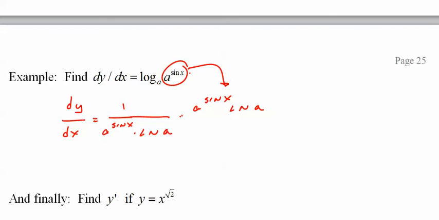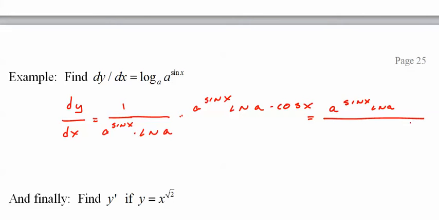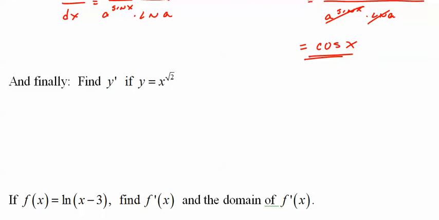And now we have to do cosine of x, equals a to the sine of x ln of a over cosine of x times a to the sine of x ln of a. And this happens more often than I can even tell you. Cosine of x.